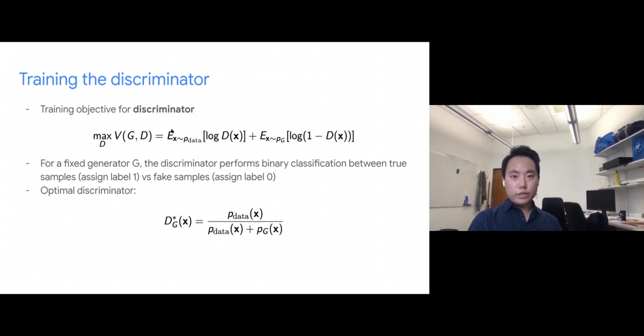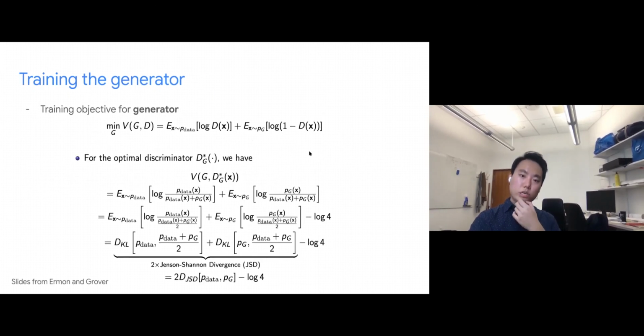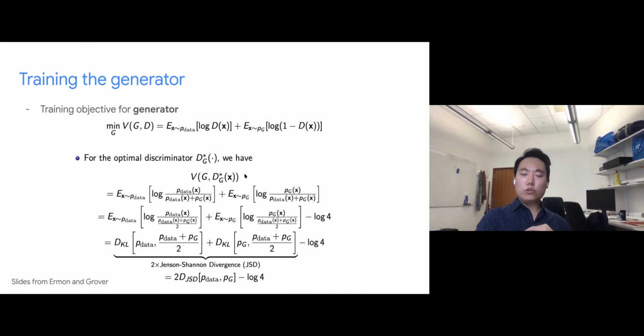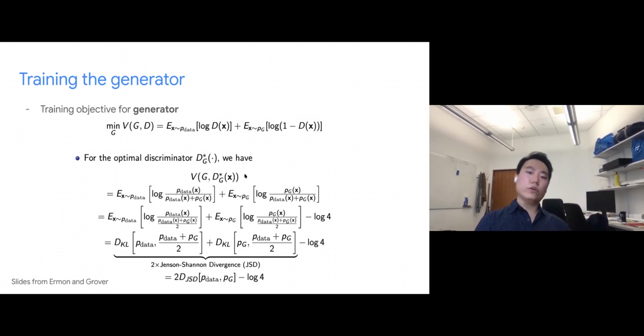And that will correspond to a fake sample. So that's the discriminator. How would you train a generator? Well, the generator is basically the converse of that. Maximizing for the discriminator, you will conversely minimize for the generator. And the generator will try to fool the discriminator so that you cannot distinguish between the true and fake samples. So you want it to do badly at this binary classification task of assigning true samples to 1 and fake samples to 0.